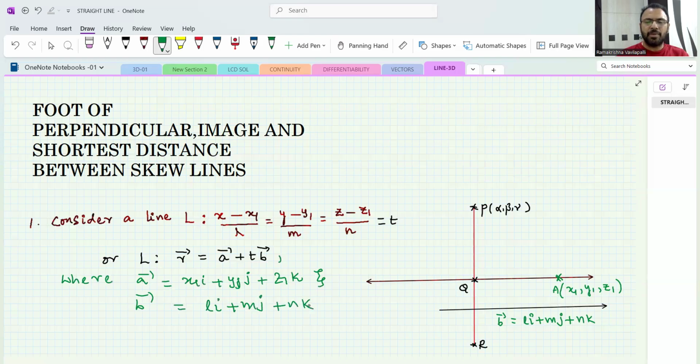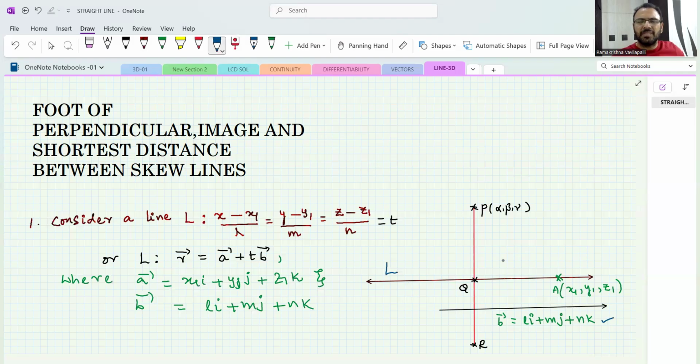It is a very simple concept of finding the foot of perpendicular from a point. We just use the dot product of two vectors. Here is the diagram. This is the line L, and this line L is parallel to the vector b bar.